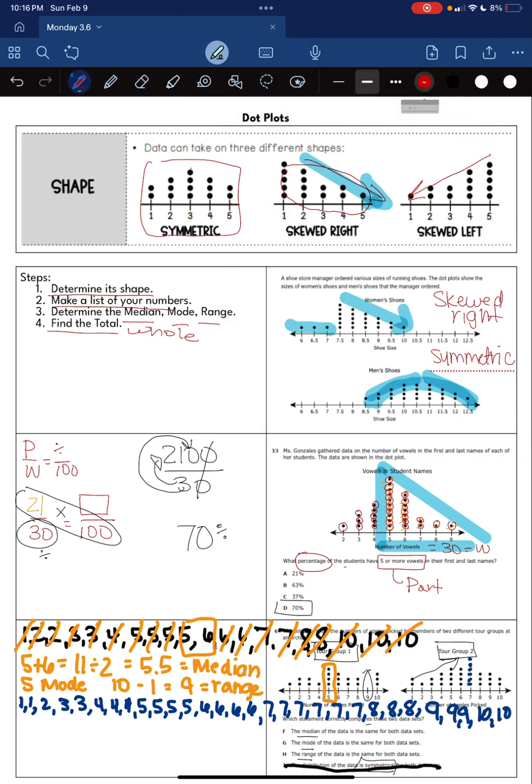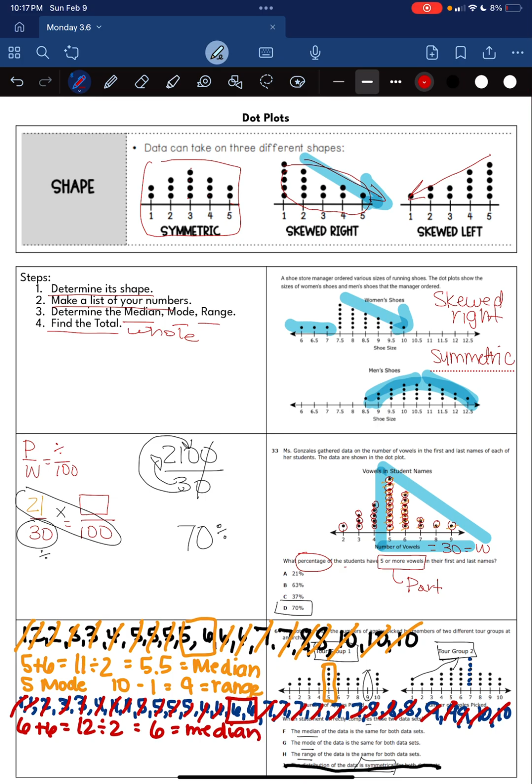Now we're going to start doing the 2 fingers. So 1 and 10, 1 and 10, 2 and 9, 3 and 9, 3 and 9, 4 and 8, 4 and 8, 4 and 8, 5 and 7, 5 and 7, 5 and 7, 5 and 7, 6 and 7, 6 and 7, and then I'm left with these 2, which is 6 plus 6, which equals 12. 12 divided by 2 equals 6, which is my median.